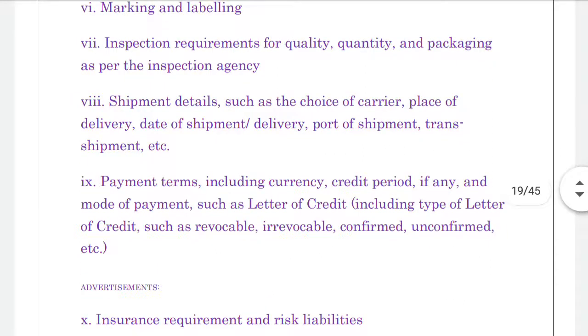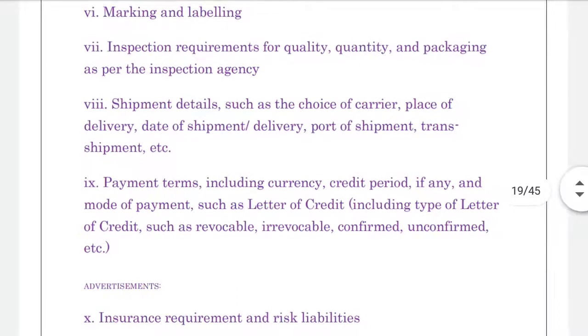The shipment details such as the choice of carrier, place of delivery, date of shipment, delivery, port of shipment, transshipment. These are very important things. Payment term including currency, credit periods, if any. The mode of payment such as letter of credit, including irrevocable and confirmed. These things are very important.